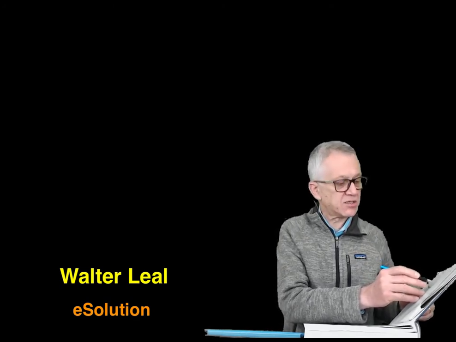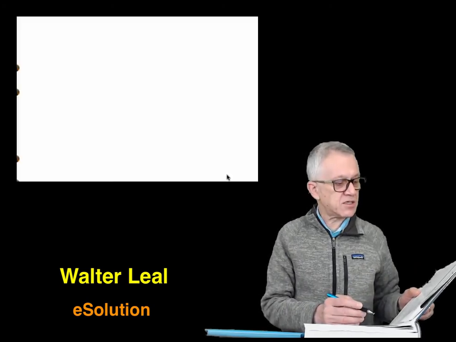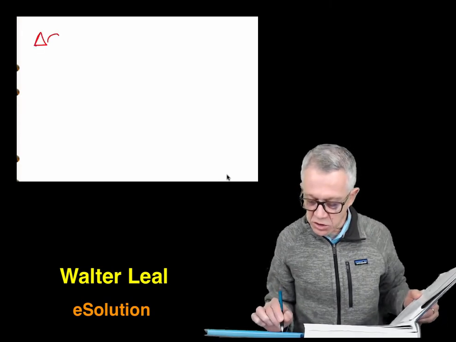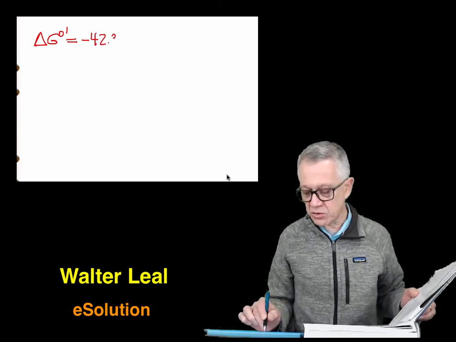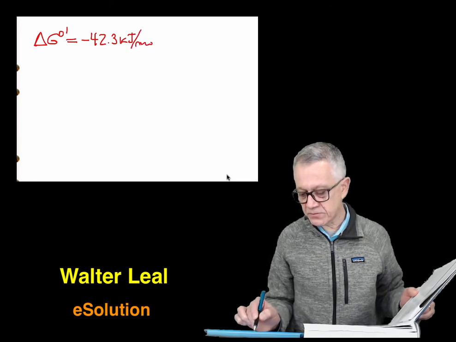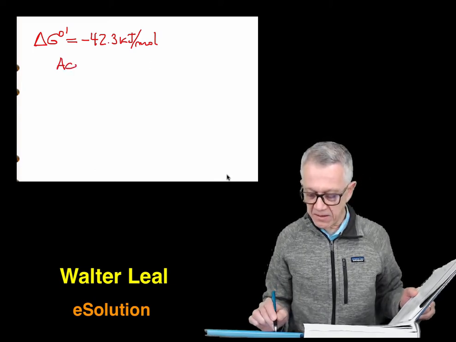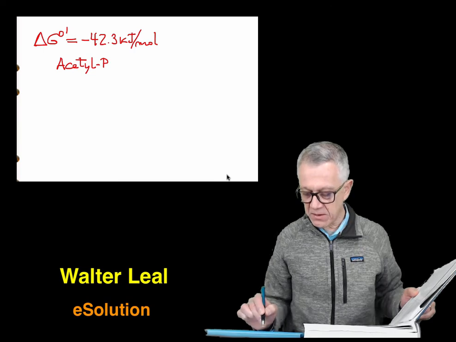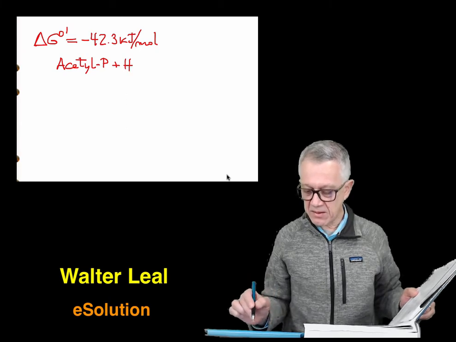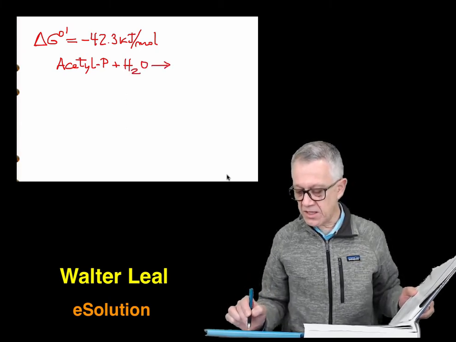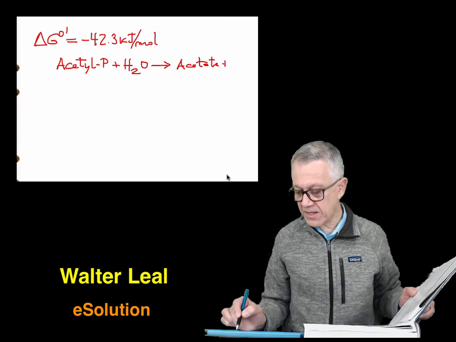The problem says the standard state free energy of hydrolysis for acetyl phosphate is delta G naught prime equals minus 42.3 kilojoules per mole, and it gives the reaction also, which is acetyl P reacting with, it's a hydrolysis, right, water, and they give then the acetate plus Pi.